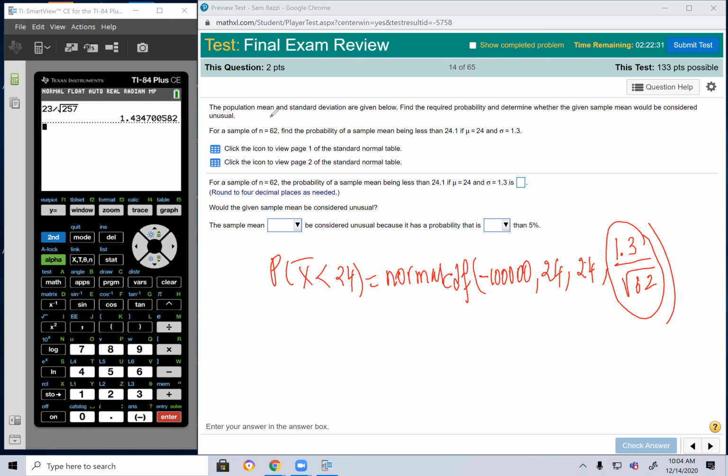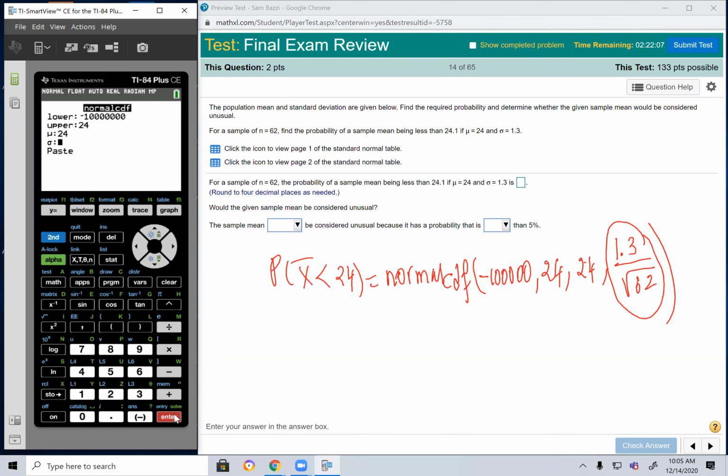Okay, so how do you do this? Normal CDF. Okay, negative a million. Doesn't matter, you can put as many zeros as you want, 24. And the mean is 24 as well.